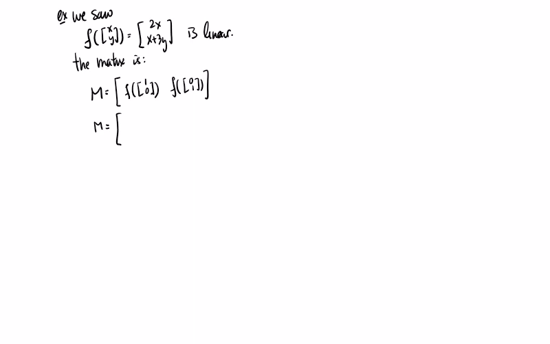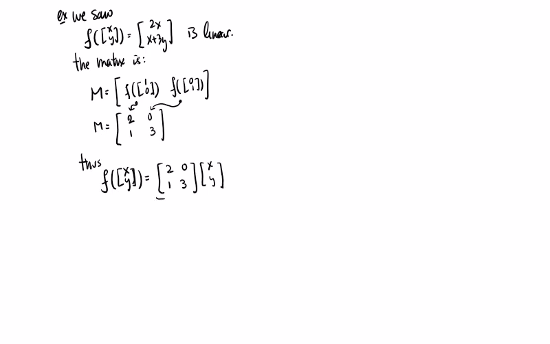So f of (1, 0), putting 1 in the x and 0 in the y, gives (2, 1), and f of (0, 1) is (0, 3). So we could rewrite f as that matrix times (x, y). And this is convenient.